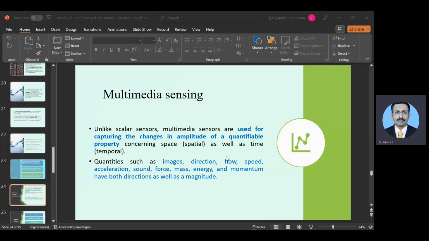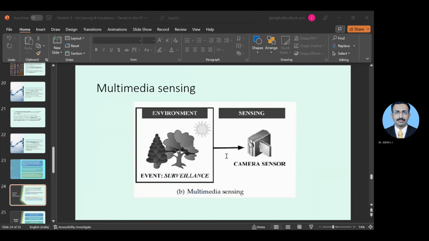So, is that clear? Multimedia sensing? We will see further. If you have an environment where these changes have to be measured, you can use a camera sensor to measure the changes with respect to both magnitude and direction.